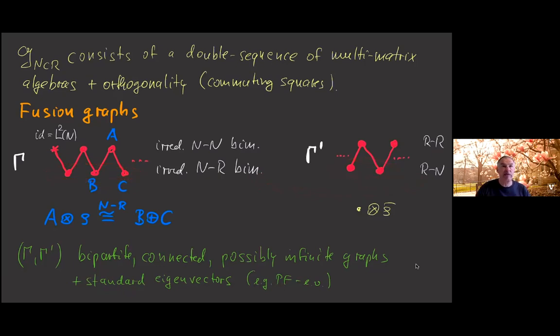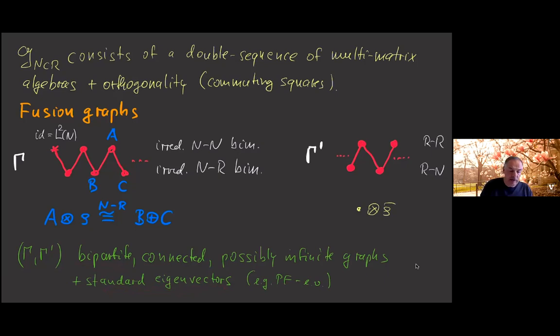Okay? And that is a combinatorial structure that is used when one tries to figure out what graphs actually can appear. In general, this pair of graphs will be a bipartite, connected, possibly infinite pair of graphs. And it comes with more information. It also comes with a particular eigenvector, which we call the standard eigenvector.